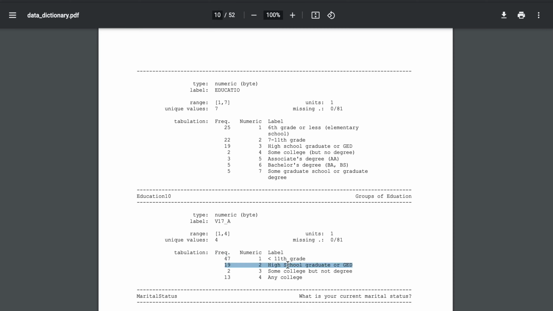And then we have high school graduate or GED, which remains 19. Some college, but no degree 2. And then anything else, any college, all of it just adds up to 13.